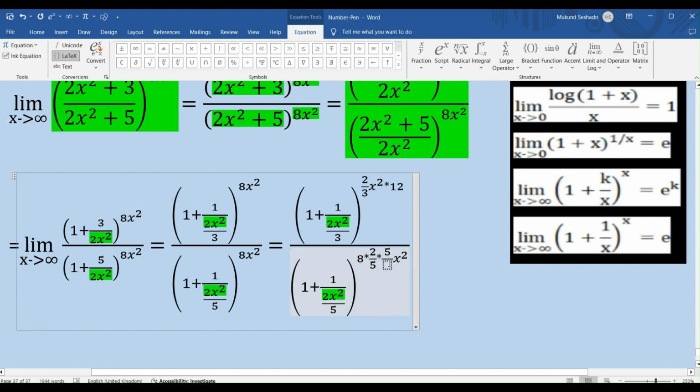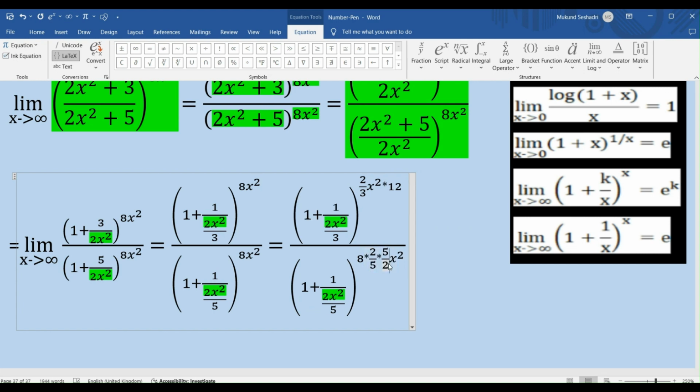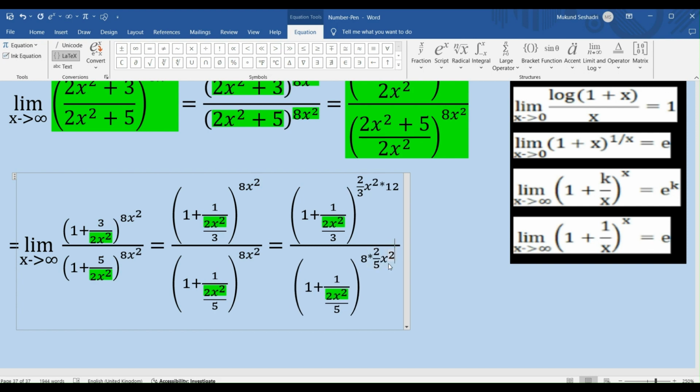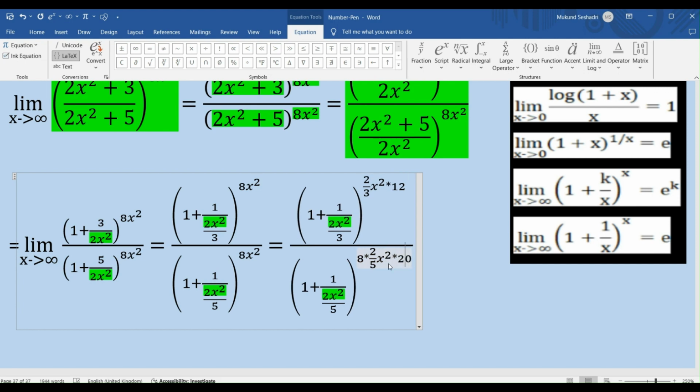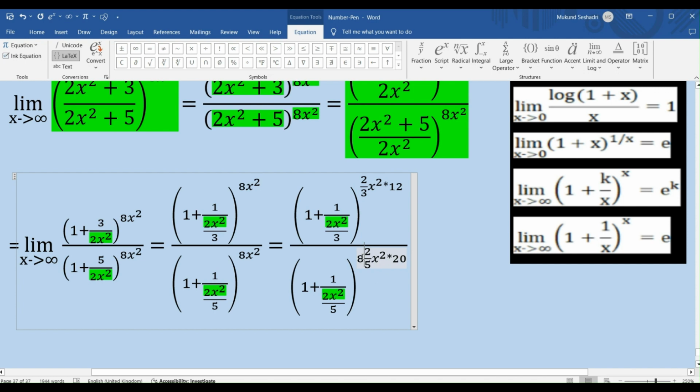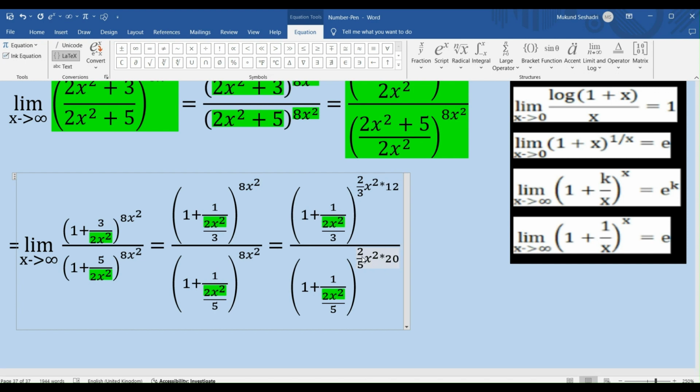And what do I get now? I know that my 8 into 5 by 2 is nothing but 20, so I can rewrite this as (2/5 x²) into 20, and I'm going to remove the 8. Right, so we're done. We haven't changed the expression.